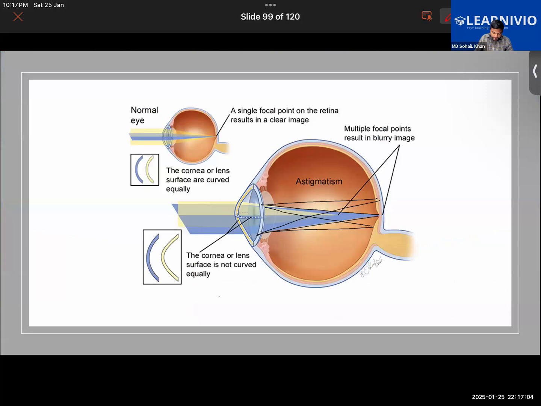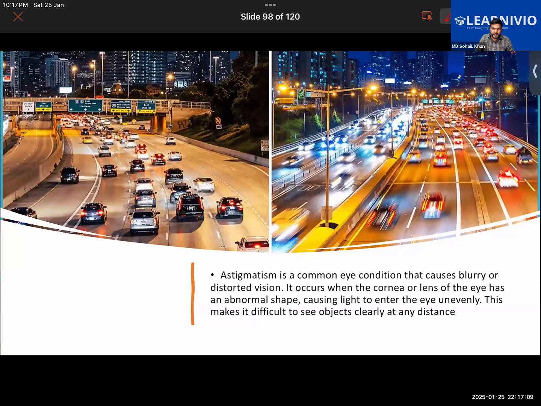Okay. Does anyone recall what astigmatism was? What happens in this case? In some situations, either due to some accident or it could be genetic, by birth also this problem could be there.